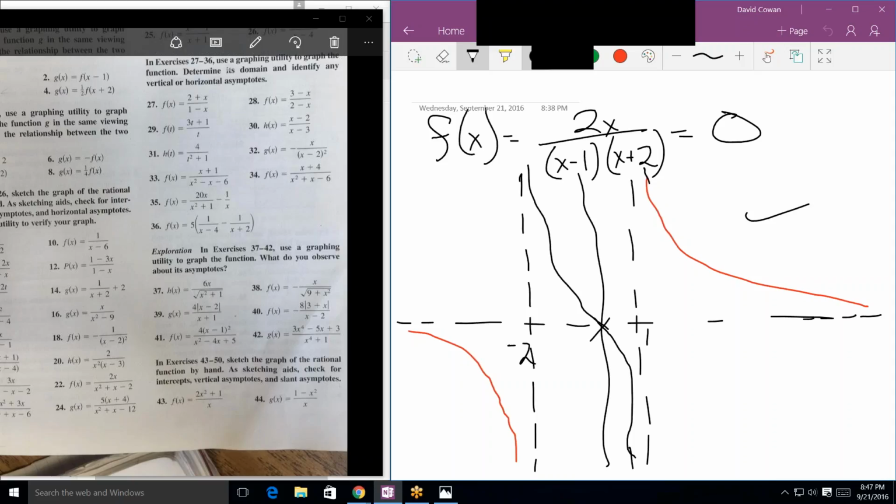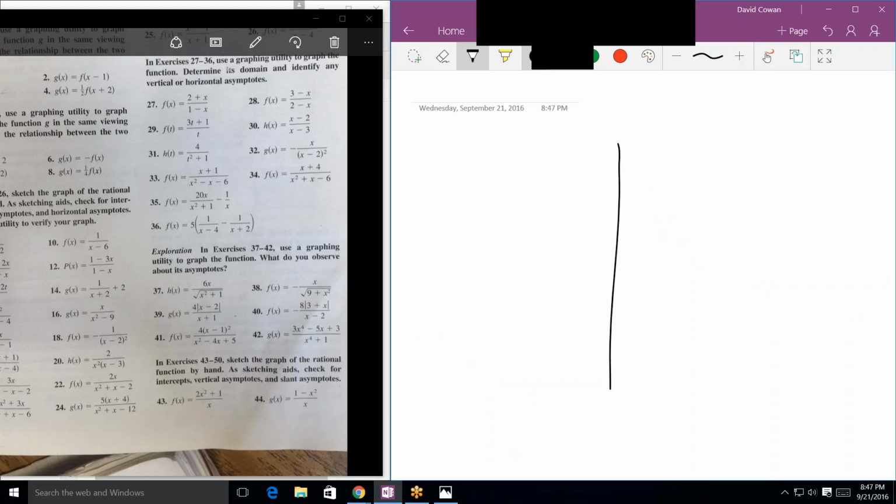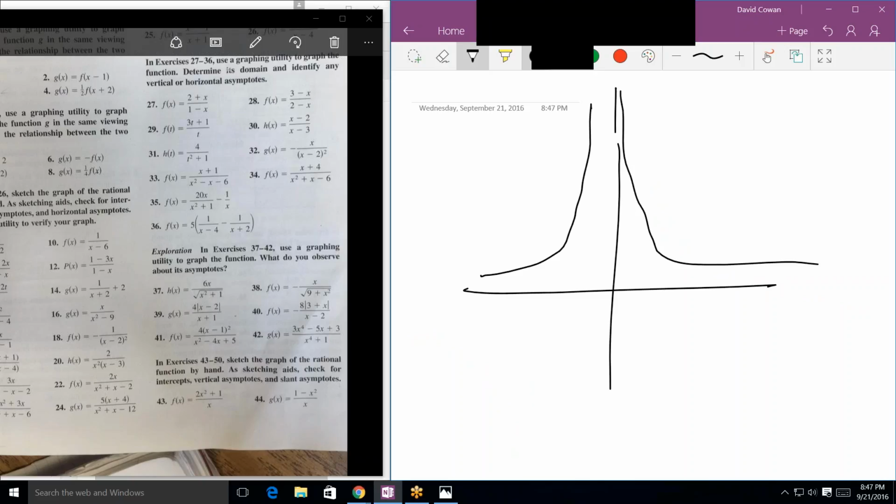Okay. Now, they don't all look like that. It is possible to have something that might look like this, where there would be a vertical asymptote right there, and notice that it approaches positive infinity and comes off of positive infinity on the other side.